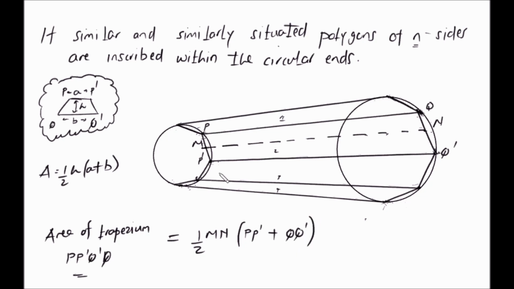Kwa hiyo ndo area ya hii trapezium. Tuite A2 kwa sababu hii tumesema ni the second trapezium. So hii ni area ya trapezium P dash Q. Ndio hii hapa. So sisi tutataka tutafute area ya kila trapezium alafu tuje tuzijumlishe.